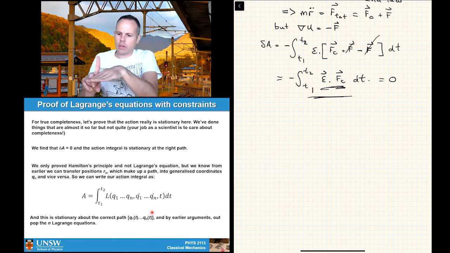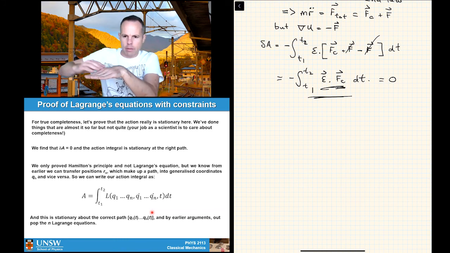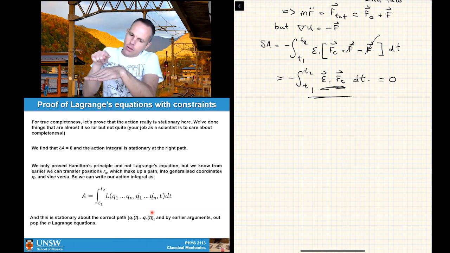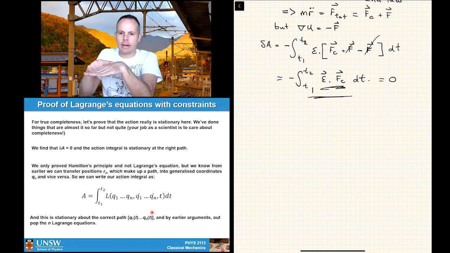But the other thing that we know is that we defined the right path and its adjacent wrong path to be inside that plane because we have to be able to move along the wrong path, and if the wrong path goes out of the plane, it breaks the constraint, right? And the vector epsilon will point from a point on the correct path to a point on the incorrect path, so it must implicitly be in the plane, right?